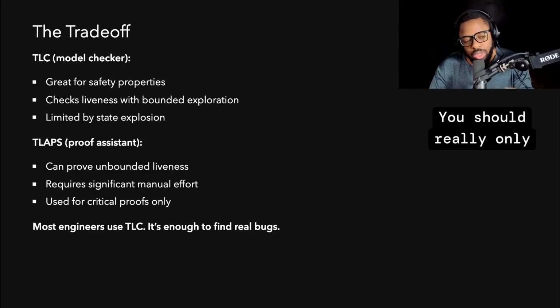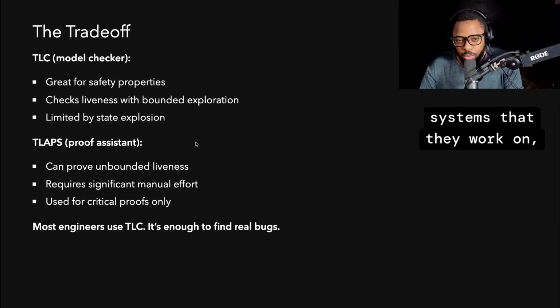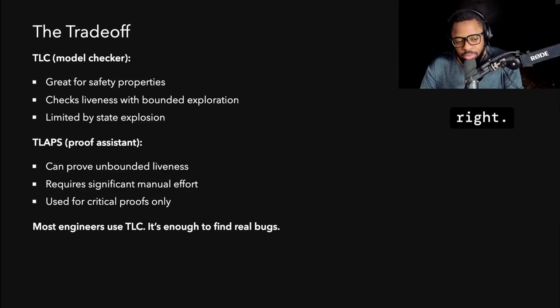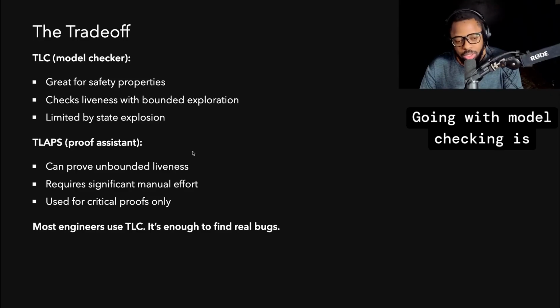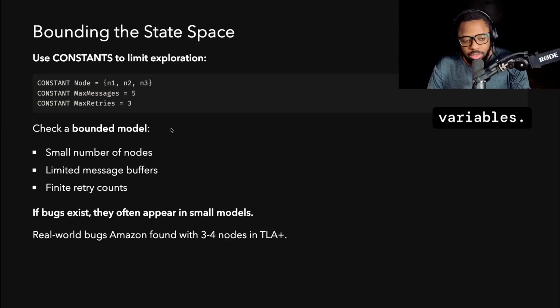You should really only reach for that if you have the resources. From a practical standpoint, for most engineers today and the systems that they work on, going with model checking is probably preferable. Again, pick the right constants, pick the right variables.